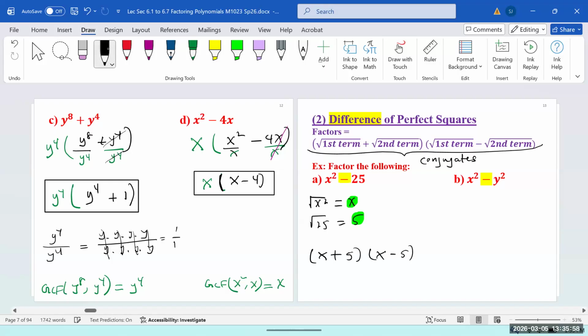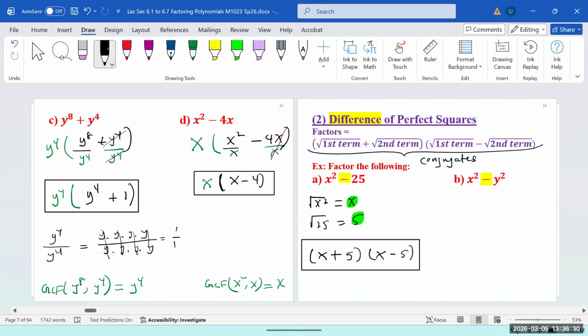Personally, I like to start with my plus. The position doesn't matter. One of them is plus, one of them is minus, but my personal preference is to start with something positive. Anytime you see perfect numbers and even powers, you have a product of 2 conjugates.